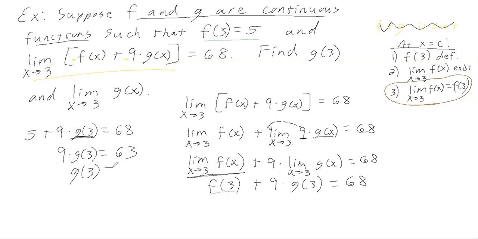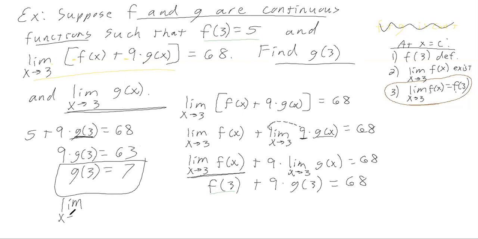So g of 3 is equal to 7. That's part of what they wanted me to find, right? Find g of 3. What else do they want me to find? They want me to find this stuff, right? Limit as x approaches 3 of g of x. Well, if it's continuous at 3, wouldn't that limit as x approaches 3 of g of x equal the same thing as this? Sure would be. There we go.